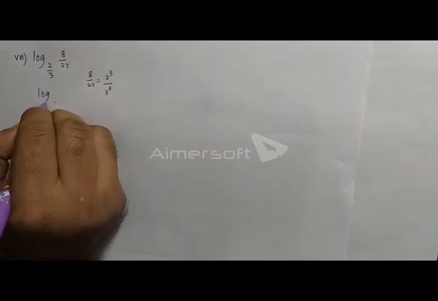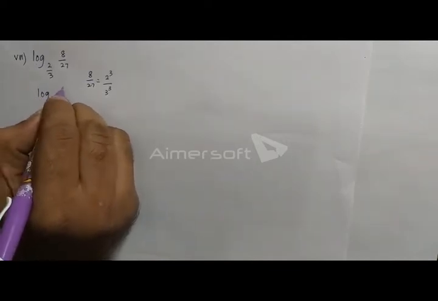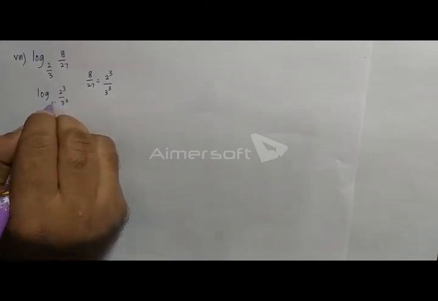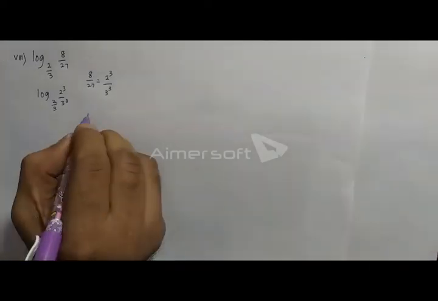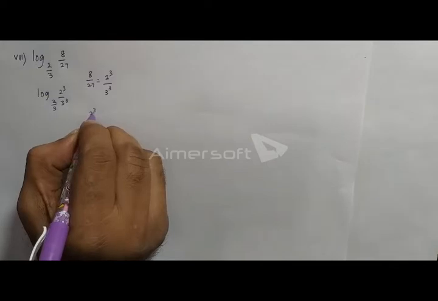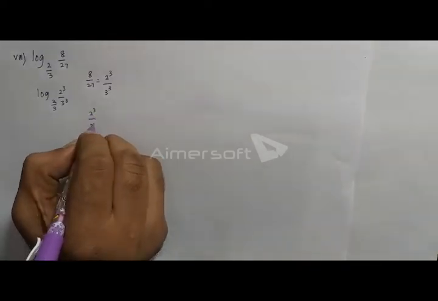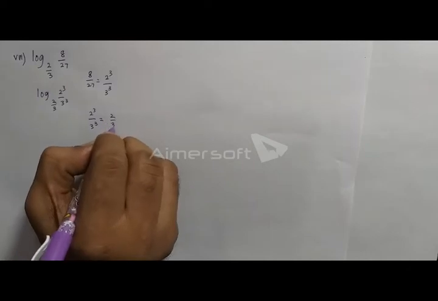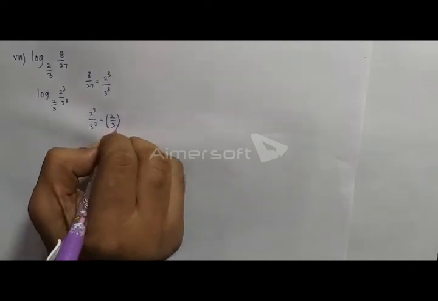We have to write log 2 cube by 3 cube base 2 by 3. Okay? Observe here. Can we write 2 cube by 3 cube as 2 by 3 whole cube?